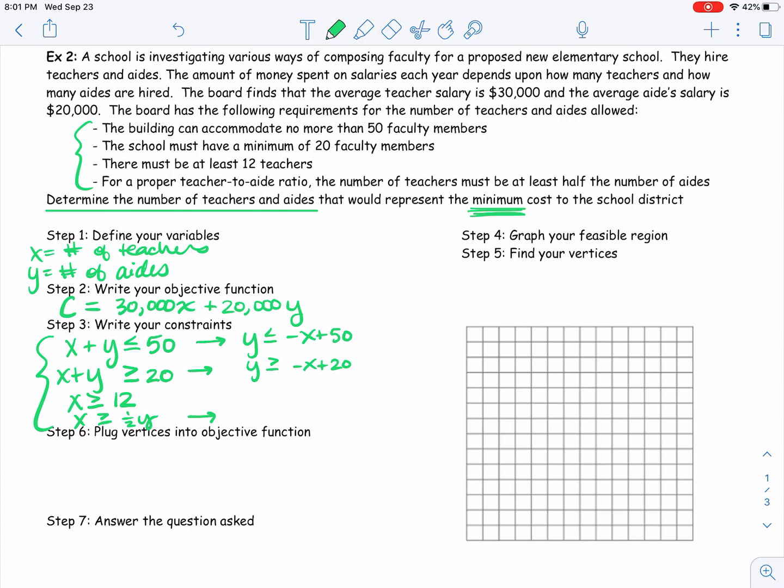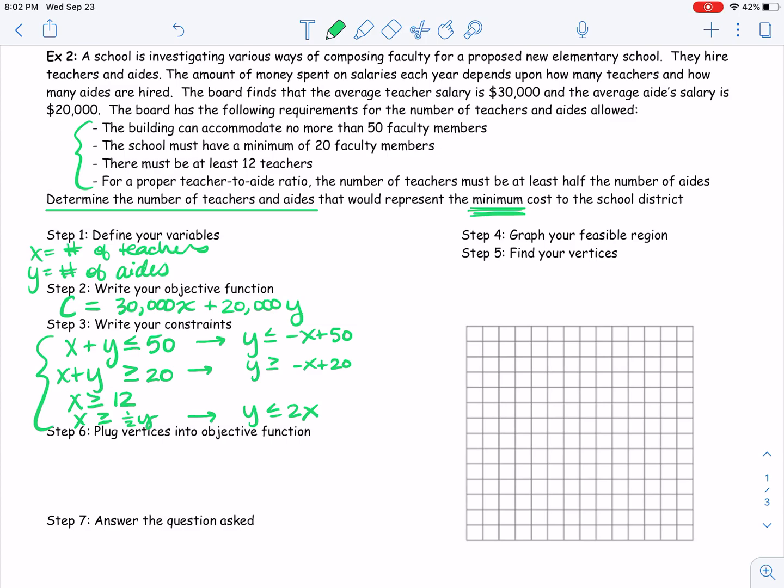You can rewrite that if you want to, because it'll be hard to graph this. So if I want to solve for Y, I can multiply both sides by 2, and I'd be getting Y is less than or equal to 2X. You're dividing by half, which is the same thing as multiplying by 2 to get Y by itself. And so here we have 4 constraints that we need to graph.